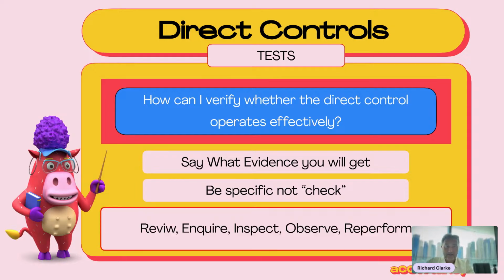I've got to be really specific, and to help me, I will think of review, spelt wrong, inquire, inspect, observe, re-perform. Could be anything, just not check. So how can I verify that this is actually happening, this discount thing is actually working? And there's lots of different ways.